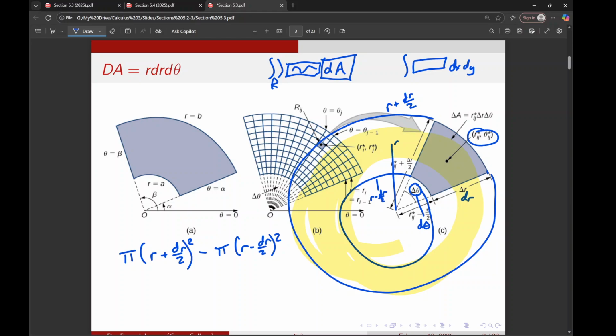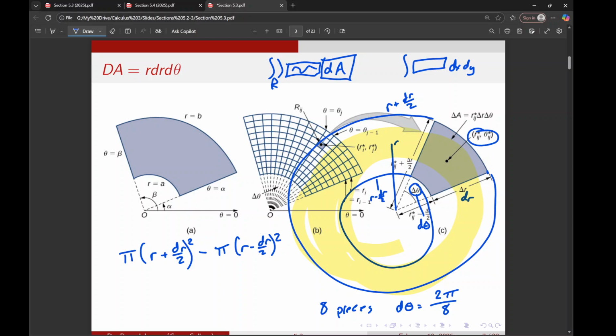If I'm doing radians, d theta would be 2 pi over 8.